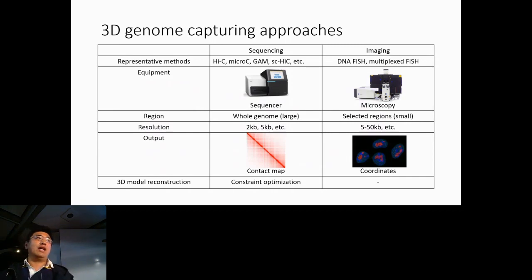But compared to the imaging approach, which gives a direct evaluation of the coordinates of the 3D structures, the Hi-C based approach can only give a contact map. In the contact map, we can know the spatial closeness of pairwise fragments of the genome. If we want to get the 3D structures, we need to use computational approaches to search for a structure that satisfies the given contact map.